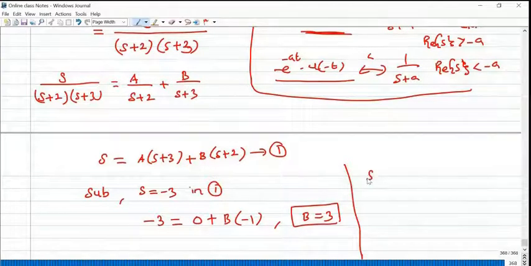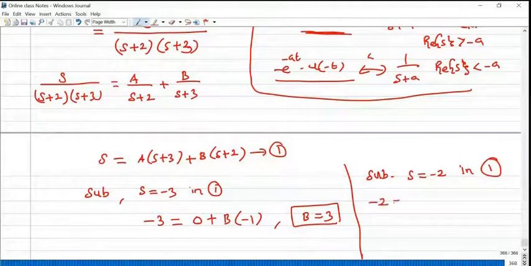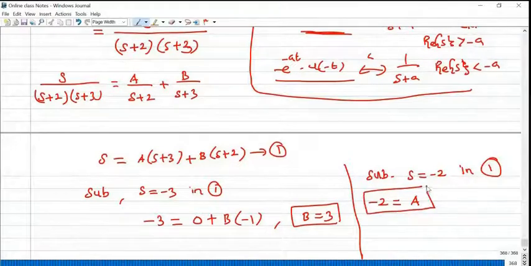Next, substitute s equal to minus 2 in equation 1. So minus 2 equal to A into 3 minus 2, which is 1. B will be cancelled. So A equal to minus 2. Okay. So two factors, A is minus 2, B is 3.